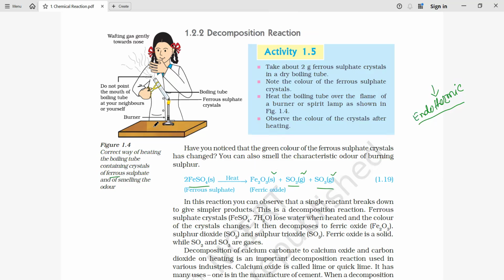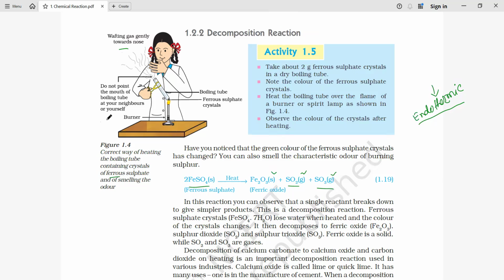So how will we feel this? There you'll get some smell, by wafting the gas gently. It will move towards the nose. Then we'll feel that it has broken, that means decomposition has taken place. And here, when we heat, it contains some water molecules, so those water molecules will be driven off.